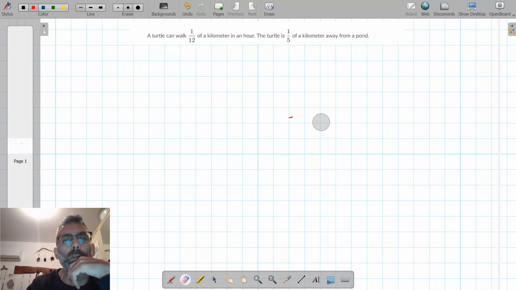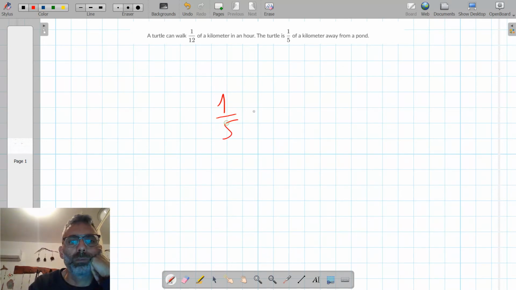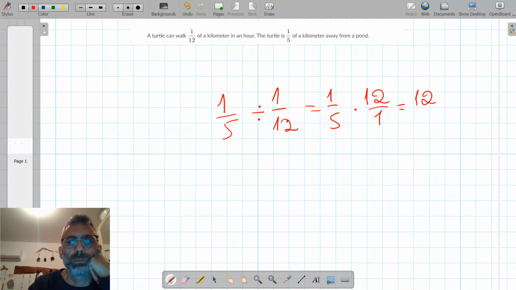I need to divide 1/5 by 1/12, which is the same thing as 1/5 multiplied by 12 over 1, which is 12 divided by 5, which is 1 2/5.